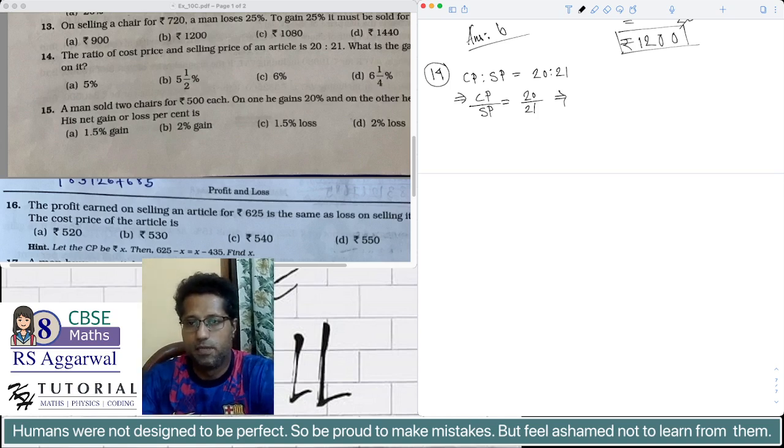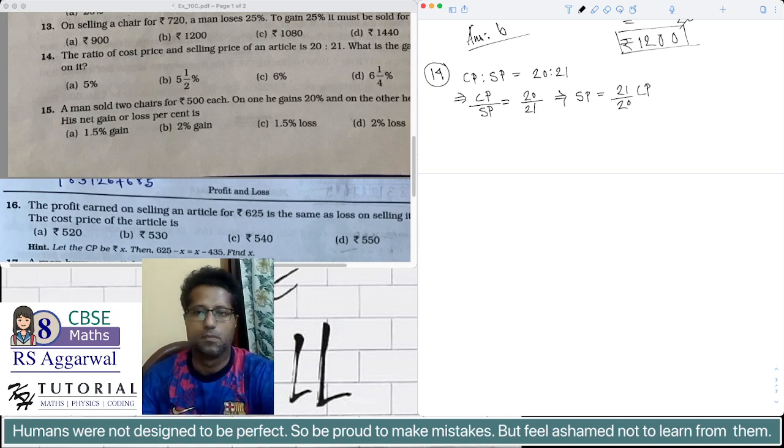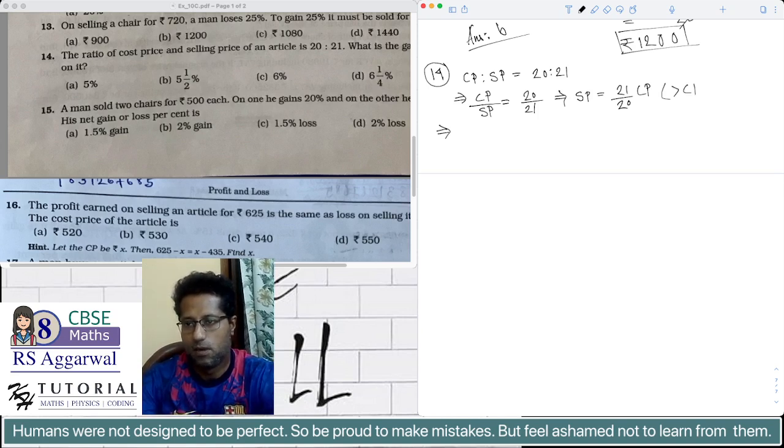So from here, let's find what is SP in terms of CP. So SP will be 21 by 20 CP. Okay, we can see that 21 by 20 CP is obviously greater than CP because 21 by 20 is greater than 1.